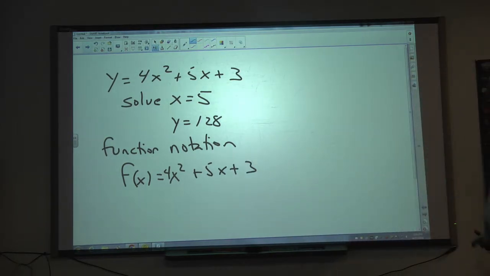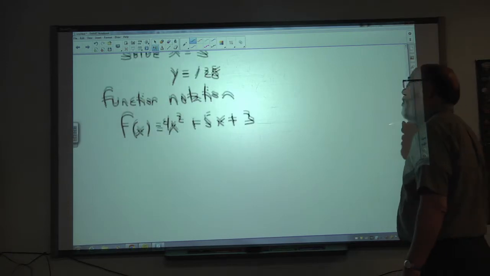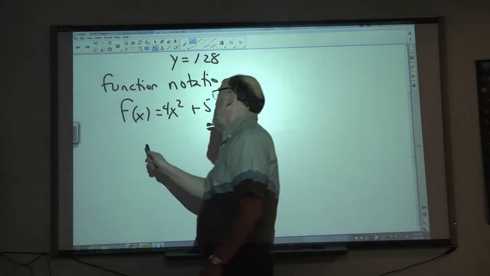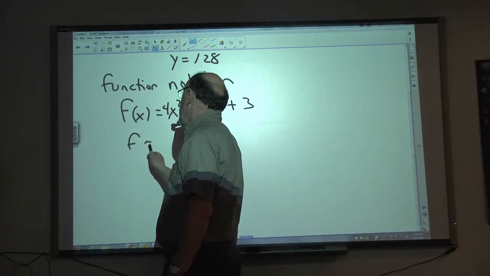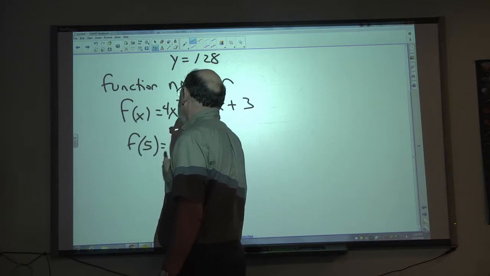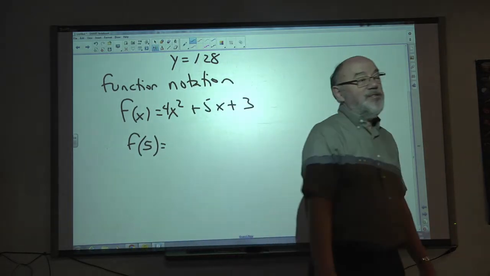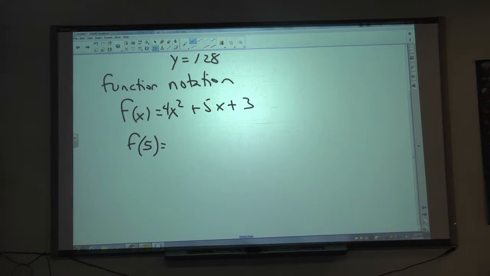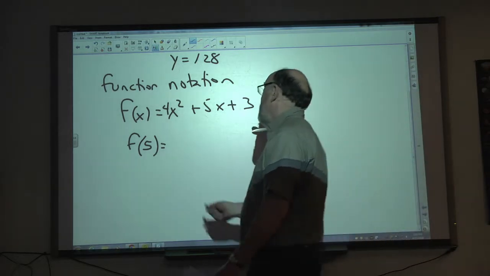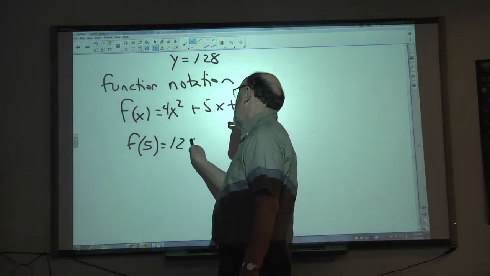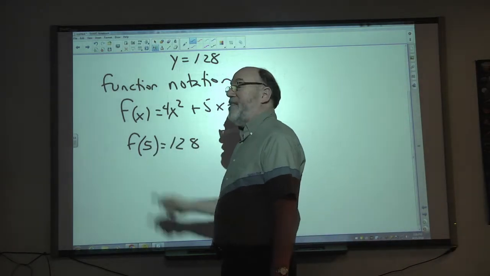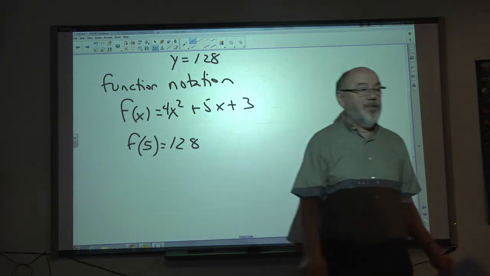Now I can ask that same question: what is f of 5? You would get the same answer as what we just did, that the answer is going to be 128. Basically what this says is everywhere you see the x, plug in that number and evaluate.